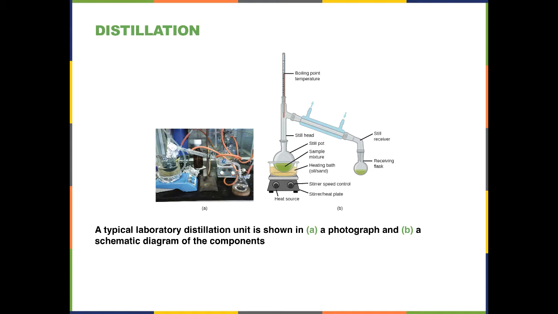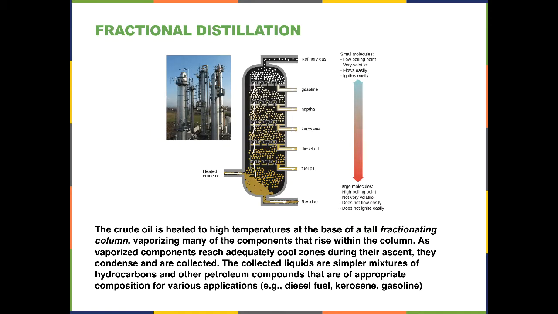And so you heat this sample up, and the vapor at the temperature that this sample will evaporate comes up and goes into this column, and the column then cools it, and then your pure substance comes out in the receiving flask. And this is the way distillation works.